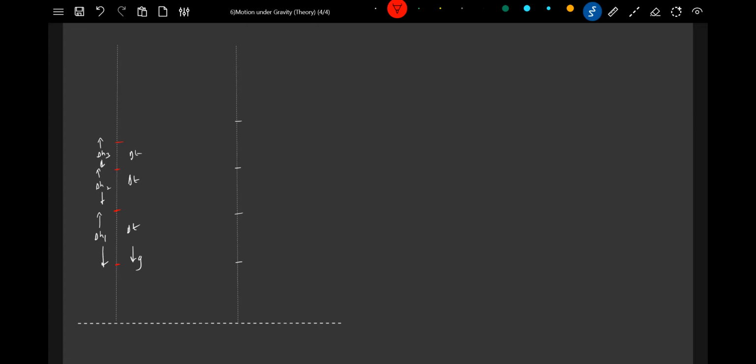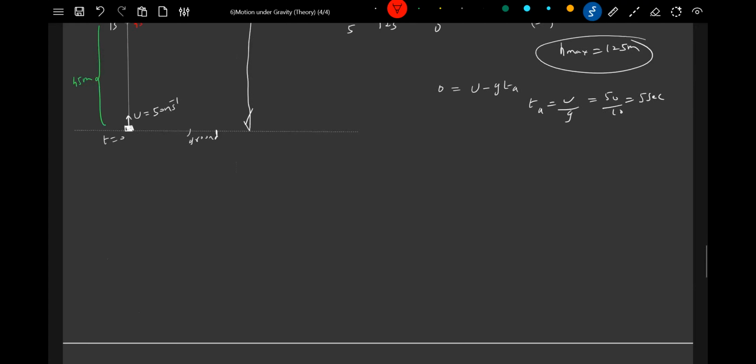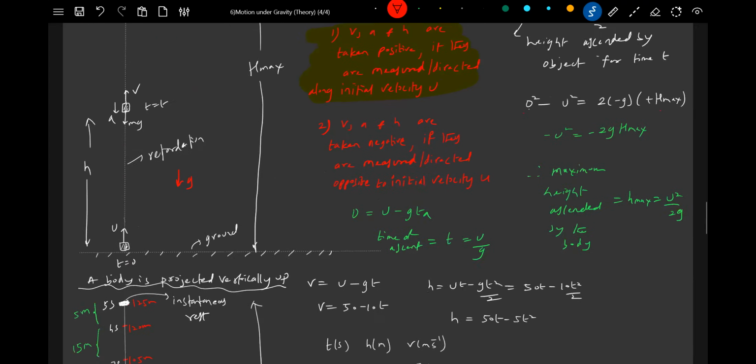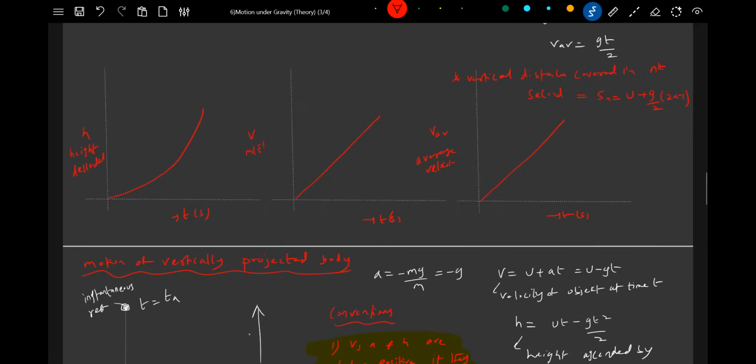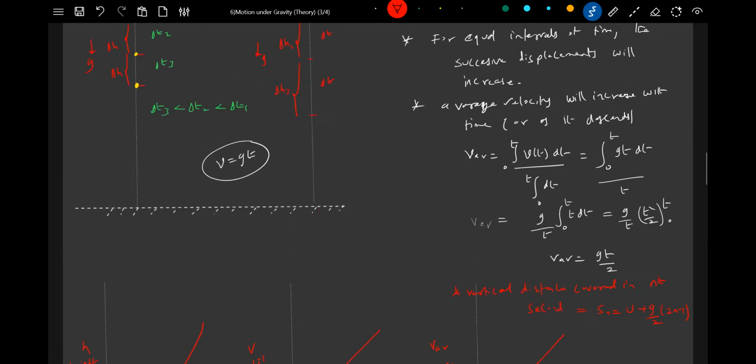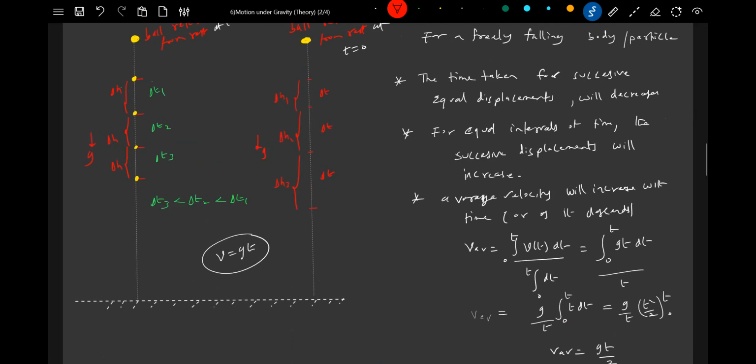Should it increase or decrease? We'll go back to this. For vertically descending motion, for equal intervals of time, the height descended was increasing.